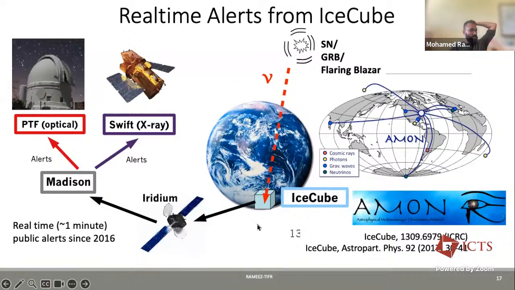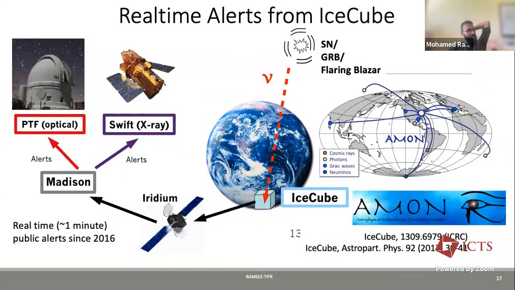IceCube, on the other hand, because the Earth is more or less transparent to neutrinos over a wide range of energies, is like the eye of Sauron. It sees through everything, and across the entire 4-pi solid angle, it has some sensitivity. It's not a detector that you point in one direction. It's just a block of ice which is able to reconstruct neutrinos coming from all directions.